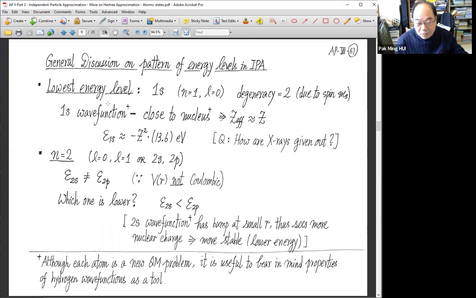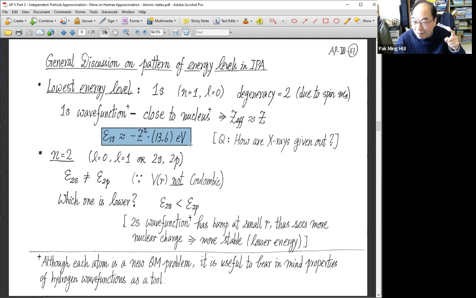For 1s, this picture is closer to the nucleus. All the other electrons will not screen the nuclear charge, thereby it will see the whole nuclear charge. Roughly speaking, 1s will be of this energy. If you look at the numbers, I will give you a table later on.